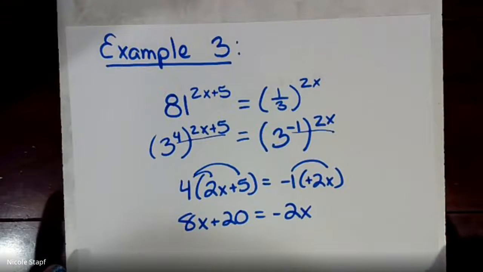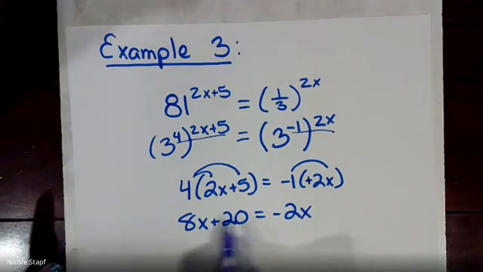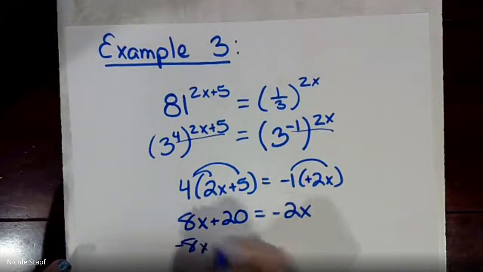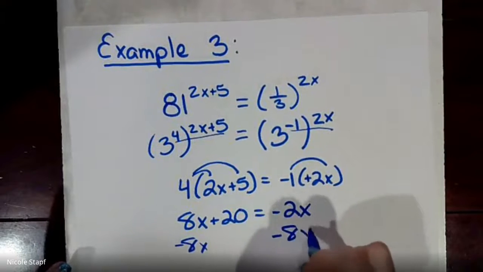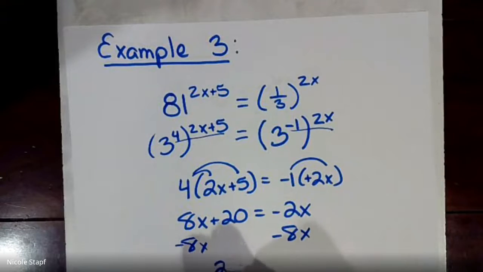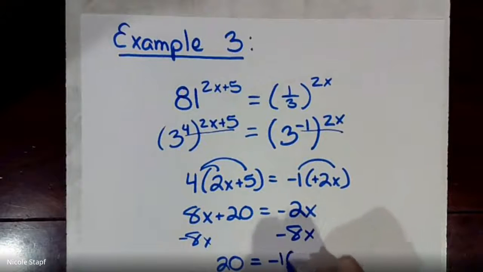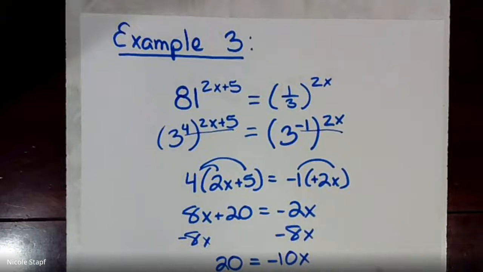All right. I'm going to move this 8x over just because all my constants are already on this side. So I'm going to subtract 8x on both sides. I end up with 20 equals, well, -2x minus 8x is -10x.